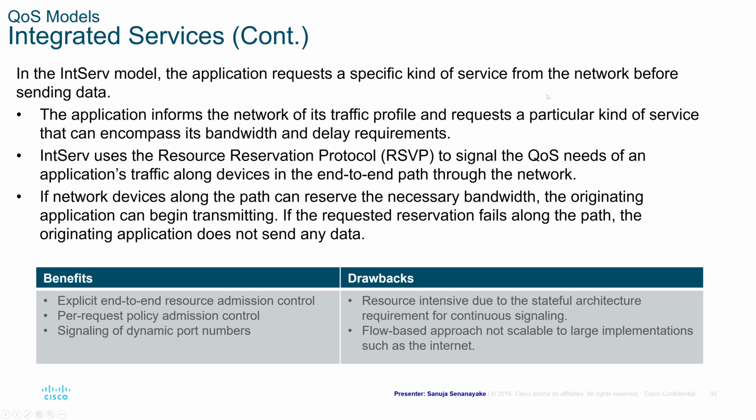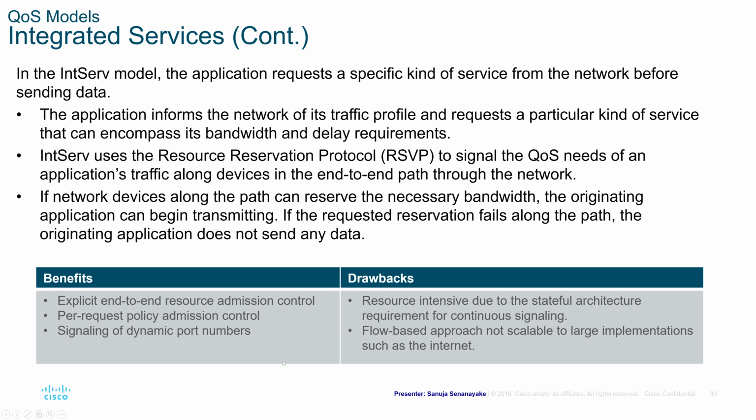Based on that information, IntServ uses RSVP to signal the QoS need across the network from end to end. If network devices along the path can reserve the necessary bandwidth, the originating application can begin transmitting. If the requested reservation fails along the path, however, the originating application does not send any data. That's a key feature of the integrated services.